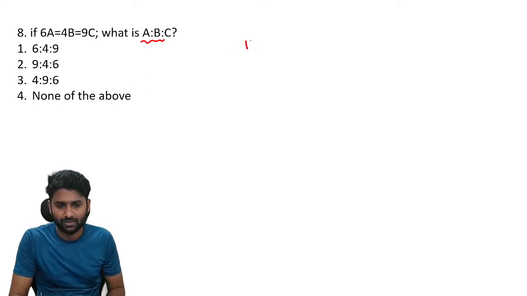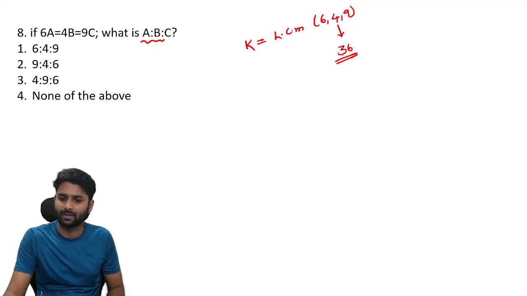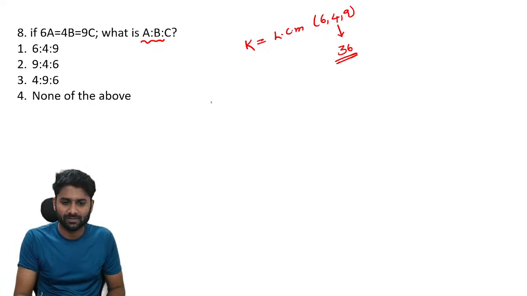I told you now, you have to assume one value K. So take the LCM of 6, 4, 9. The LCM of these numbers is 36.